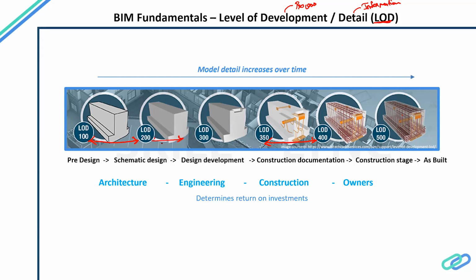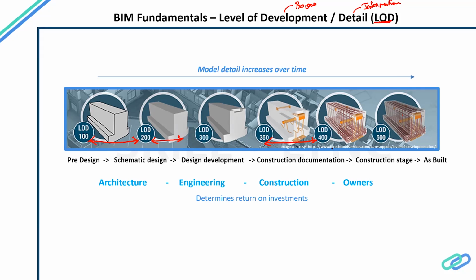For instance, if I'm designing a building and detailing it out more than required, for example, for a schematic design to design development phase, if I'm designing a building at LOD 400, that goes to waste and gives me more than the required value, which is not actually expected.